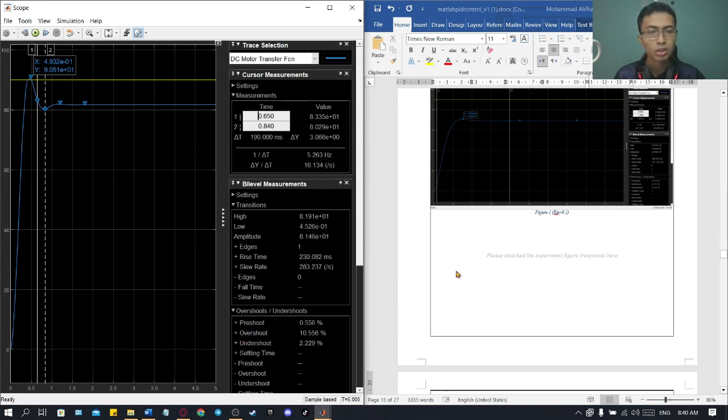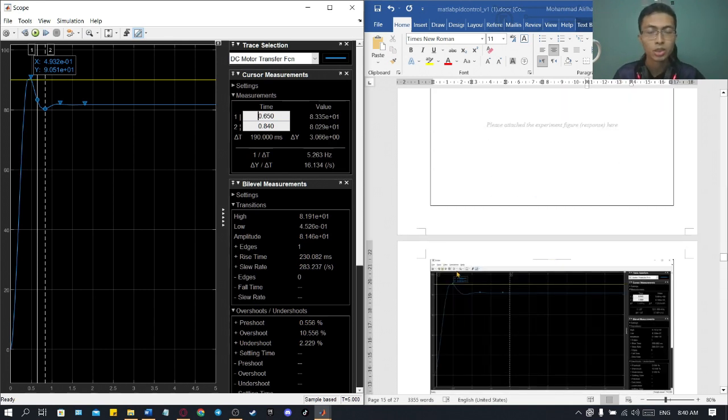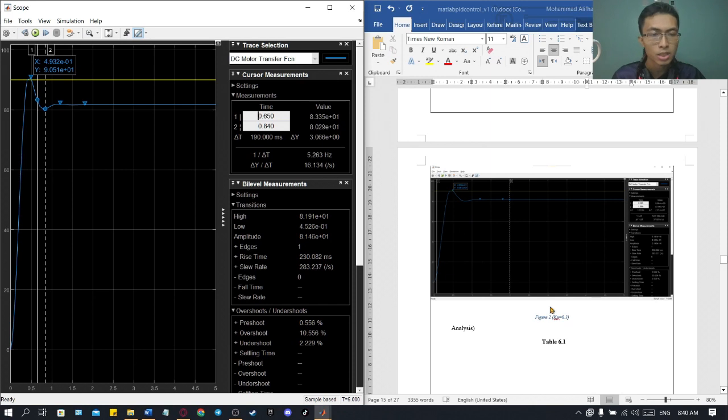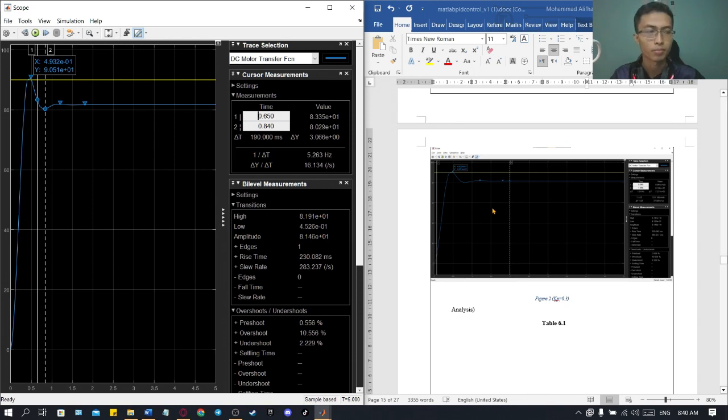So we make the proportional gain higher, which is 0.3. And as you can see in figure 2, you can see the peak. So over here we can make the calculation based on the overshoot, rise time and also settling time.